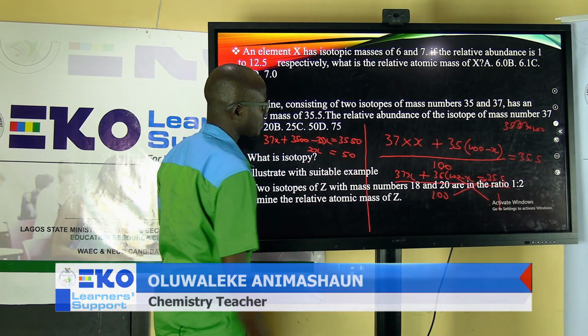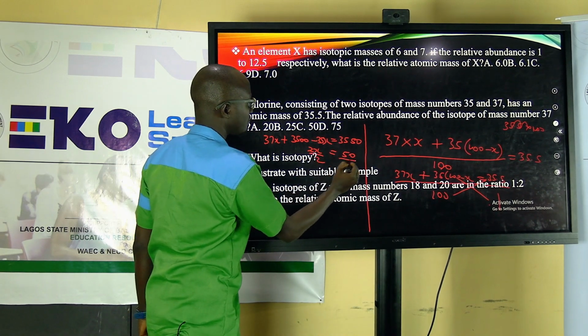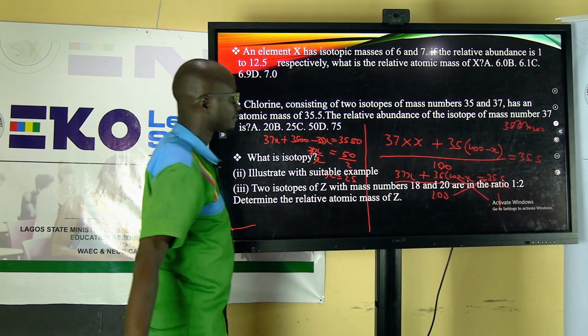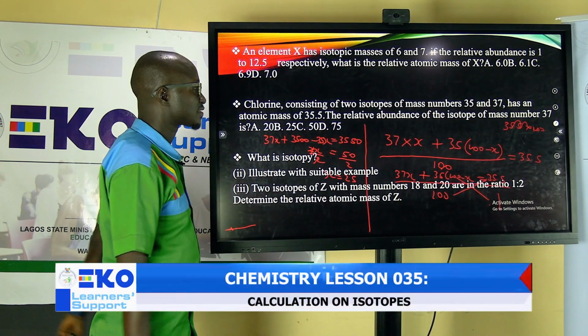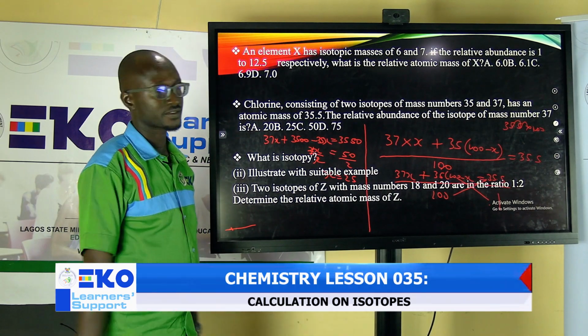It will surely give me what? 50. So divide both sides by what? By 2. At the end of the day, my x is equal to what? 25. So that means the isotope 37 has 25% abundance.